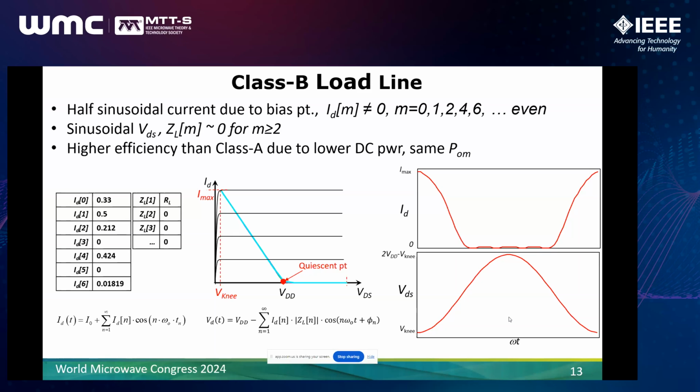So Class B load line ideally would look as shown here. And this is only created if we can apply the proper harmonic terminations at the second, the fourth, the sixth, and so on. So in many PA descriptions, a comparison is often made to Class B, and this would be the reference for Class B operation.